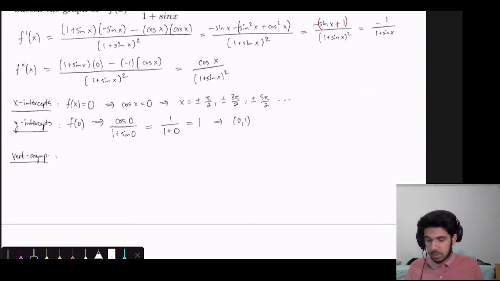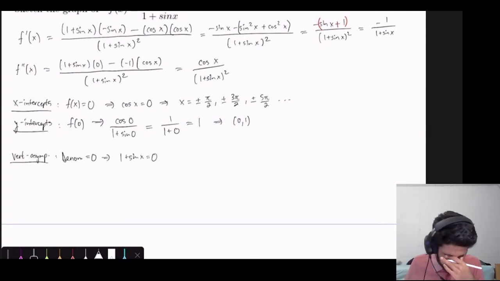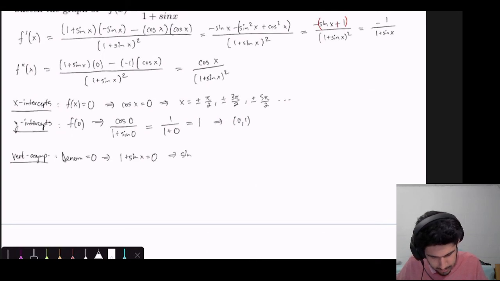Okay, so where does that occur? That occurs when the denominator equals 0, or 1 plus sine of x equals 0. So that occurs when sine of x equals negative 1.